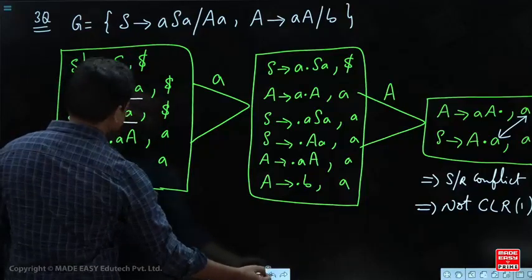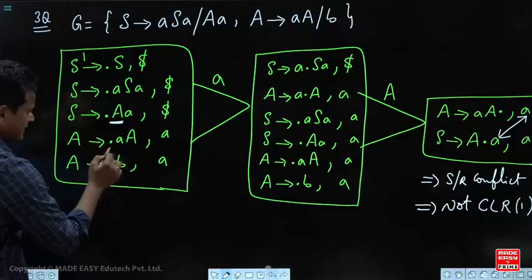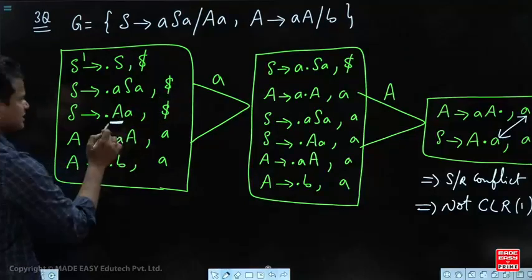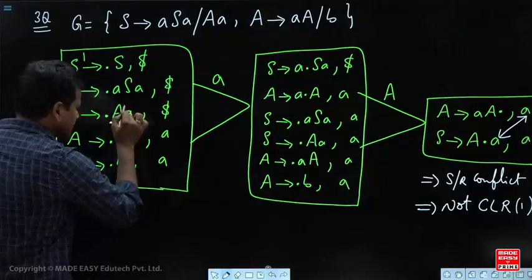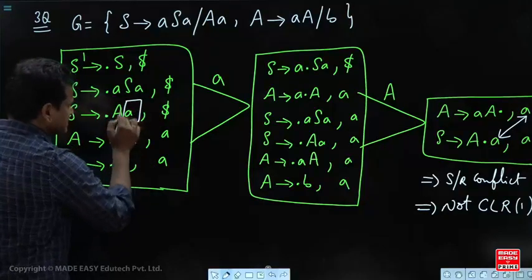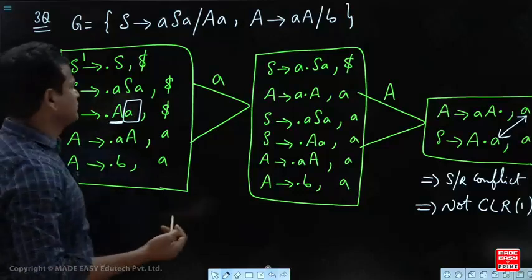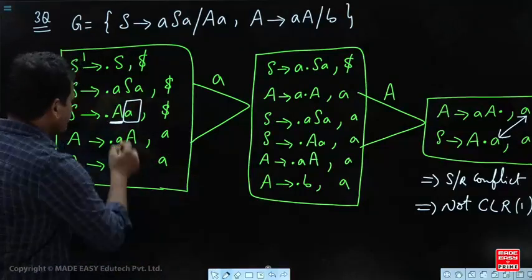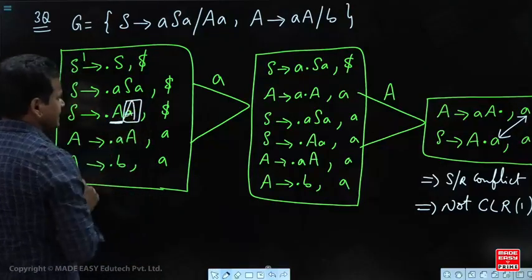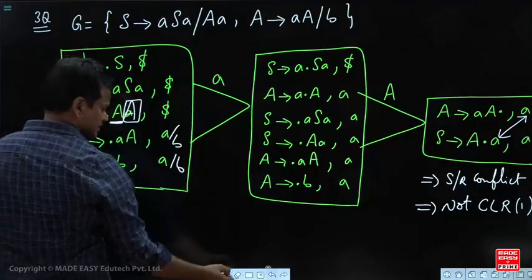Next, dot after A, that is the reason you add A's productions. A has two productions. Now just don't consider this one, just consider this. A after what is immediately? That is small a. So first of A is a only. Then how do you say that you write a and b? If instead of a there is capital A, then first of A will be a and b, then you can add a and b.